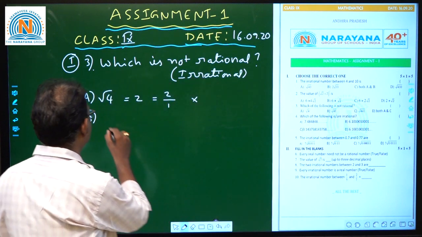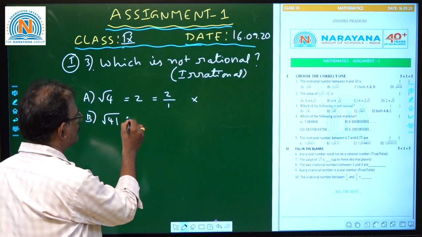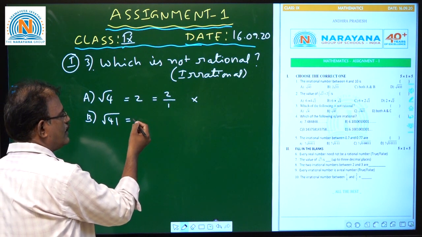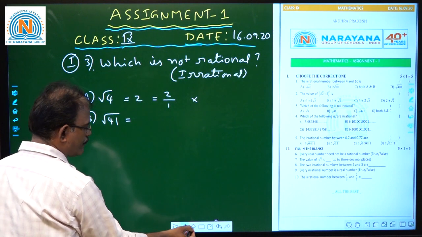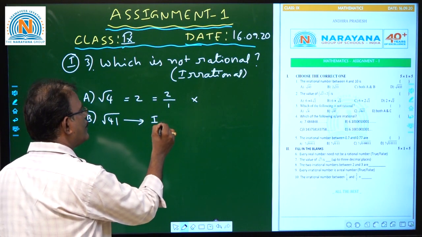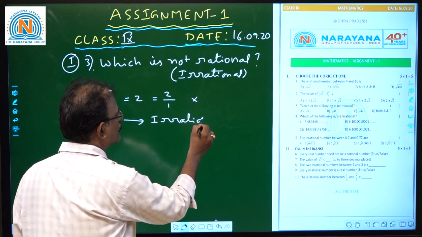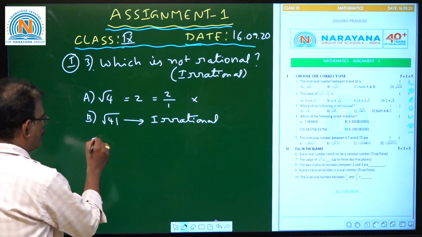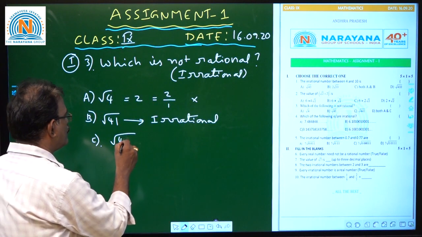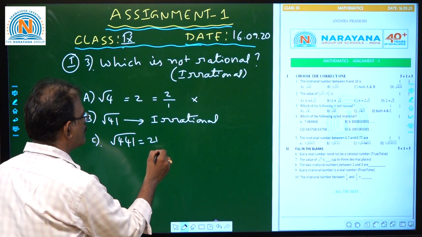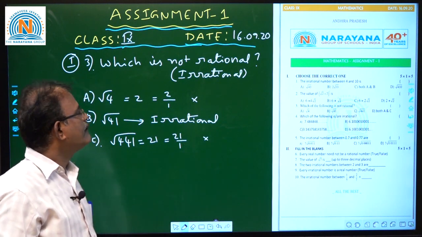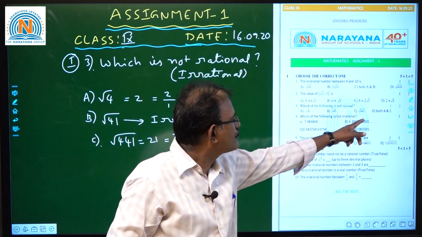And B, root 41. 41 is not a perfect square, so we cannot convert it into the form of P by Q. So it is irrational, that means not rational. And the next one is root 441. 441 means 21, so this is 21 by 1, rational.